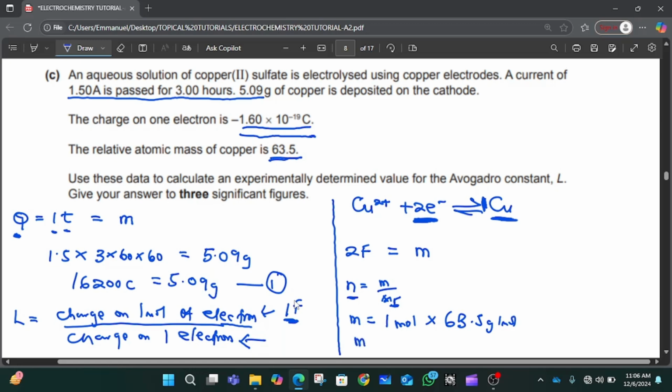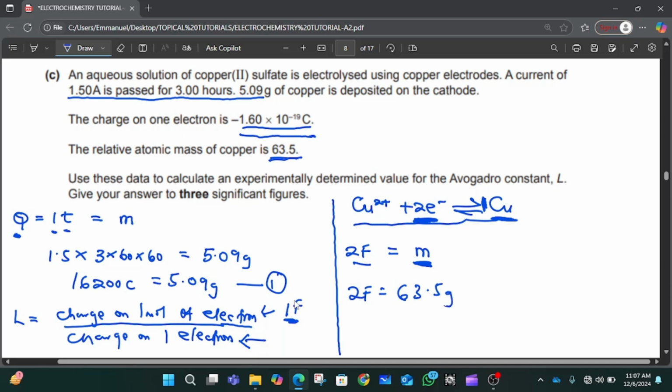It means that the mass of copper in this equation is 63.5 grams. So we have the mass associated with the 2 Faradays as 63.5 grams. This means that per this equation, 2 Faradays is equal to 63.5 grams, and this is our equation 2.